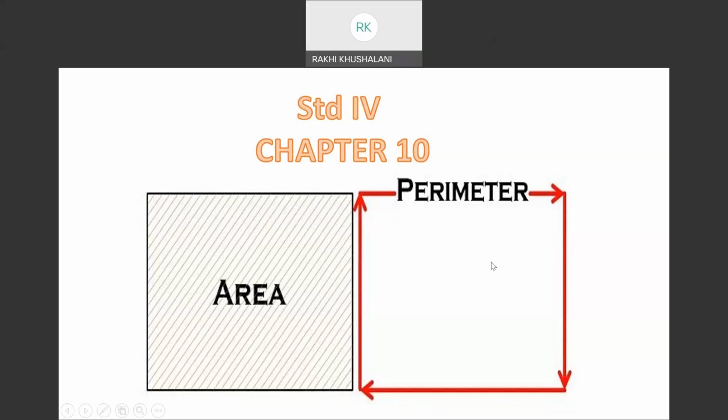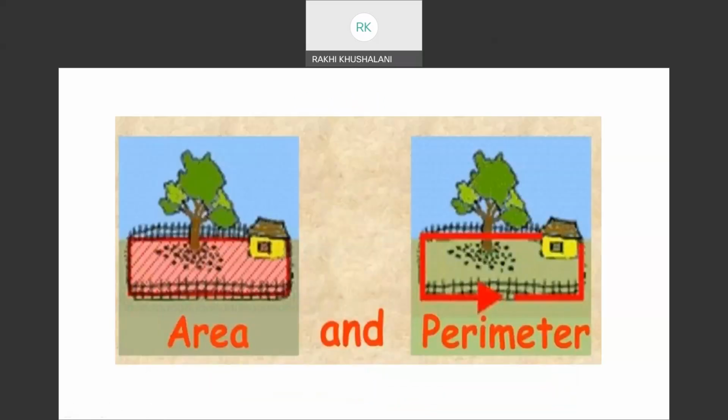This is not enough. We have got more slides. If you look here, there is a field outside a hut. Now, if I say, what is the area of the field?